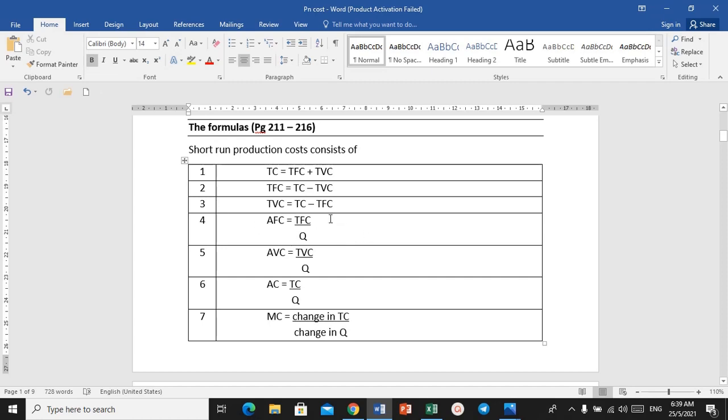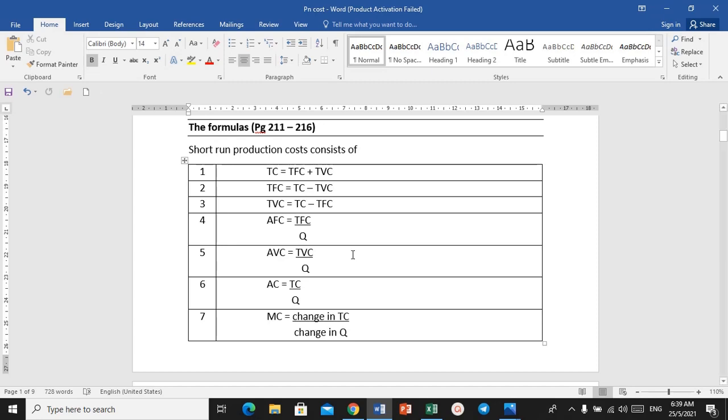Kenapa kita katakan bahawa ke-7 kos ni adalah kos pengeluaran jangka masa pendek, short run. What is the indication to tell that this is actually a short run production cost?